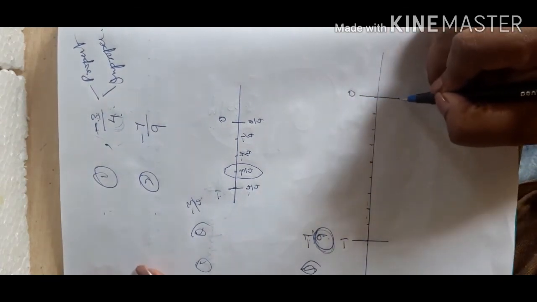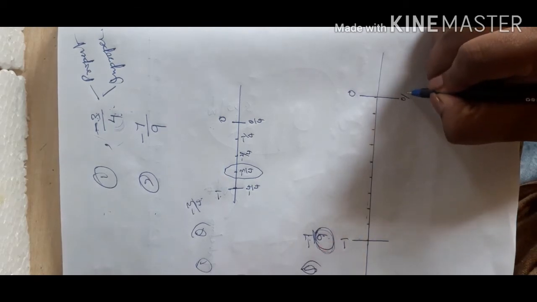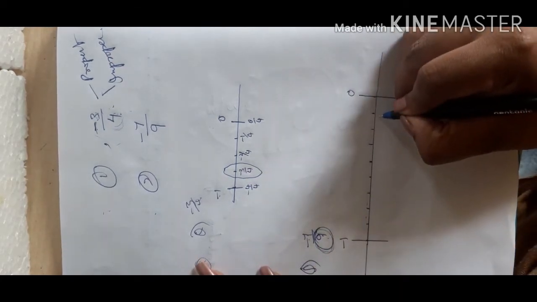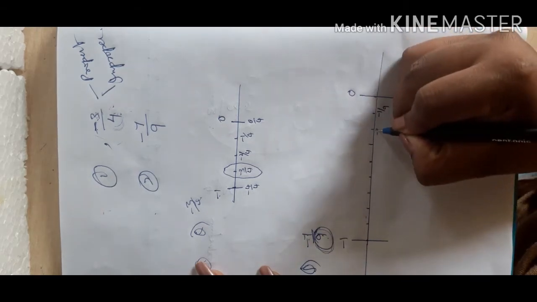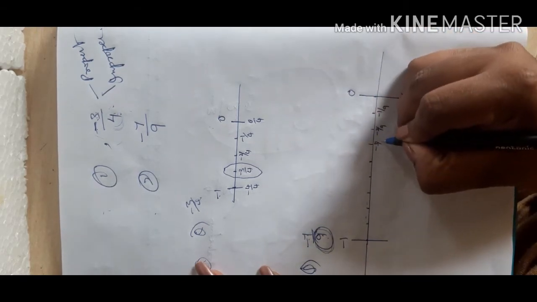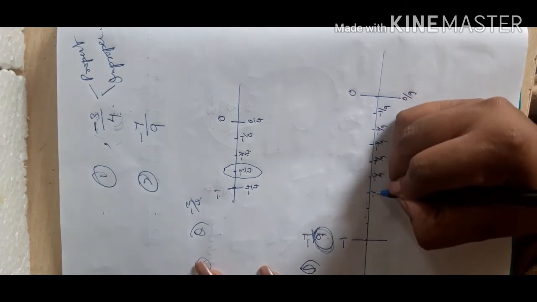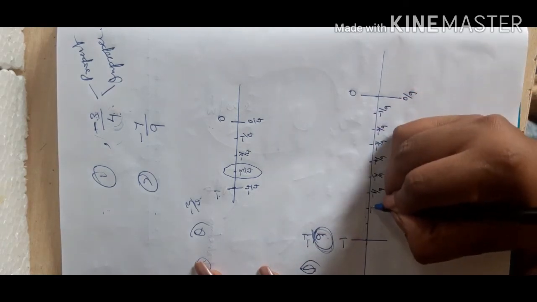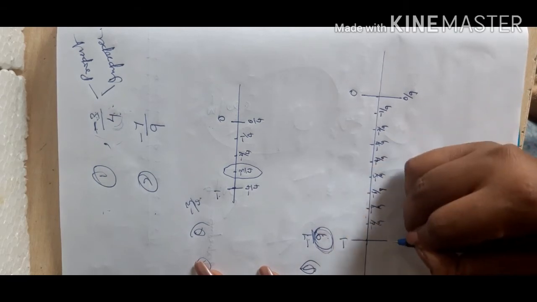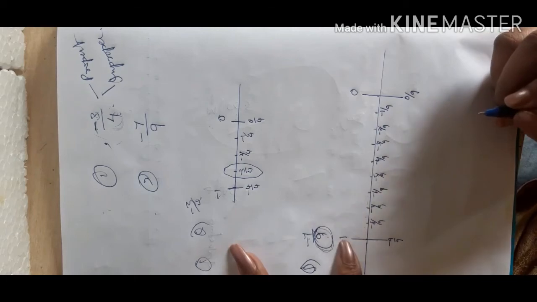0, so what is the 9? 9. 0/9. When you are moving to the left side, it will become -1/9, -2/9, -3/9, -4/9, -5/9, -6/9, -7/9, -8/9, -9/9. -9/9 is nothing but -1.